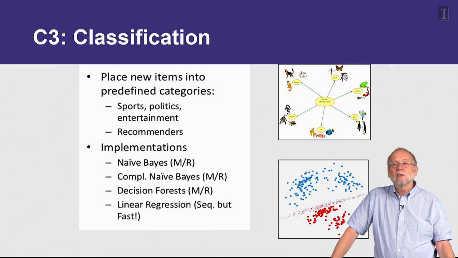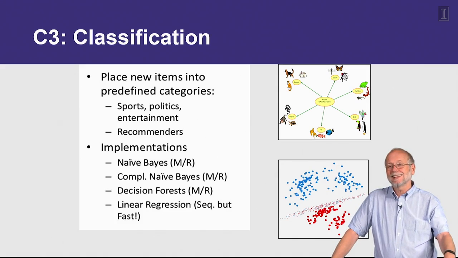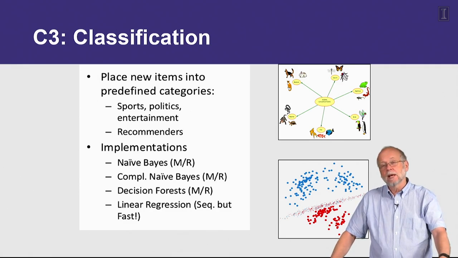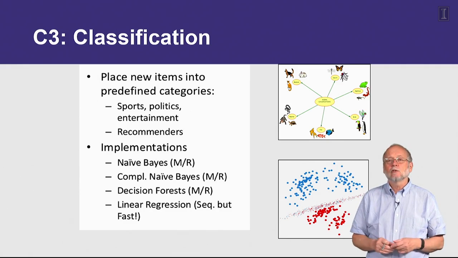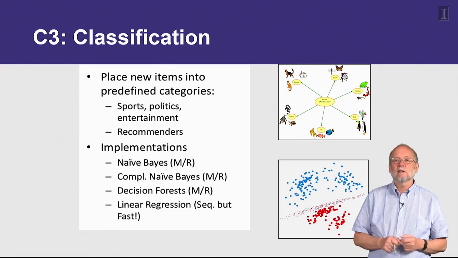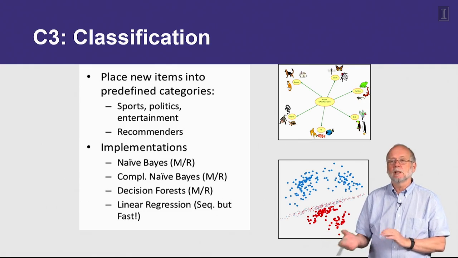Another technique is classification. What it does is to put new items into predefined categories. So for example, you might say sports, politics, entertainment. How would you want to classify a particular item? It could be a news item. Perhaps what you do is to look at the keywords in that item and you say, okay, well that's close to sports, so I'll put it in the sports category, or this one's close to entertainment, I'll put it in the entertainment category.